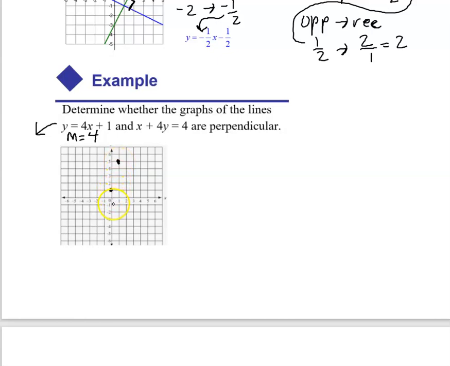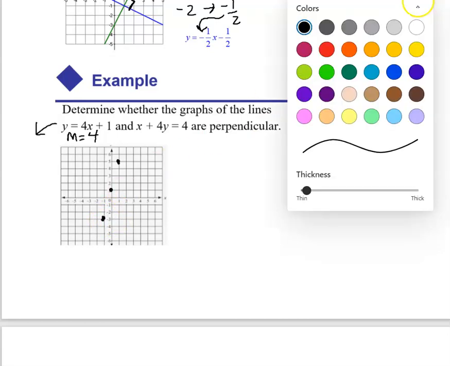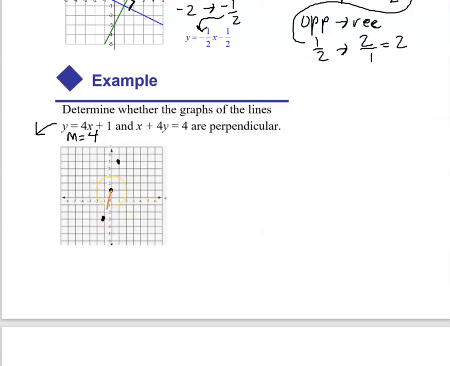And if I want to go backwards, I could go down 4 and over 1. That's kind of what that looks like. Let's fill this in real quick. Okay, so that's this line right here.